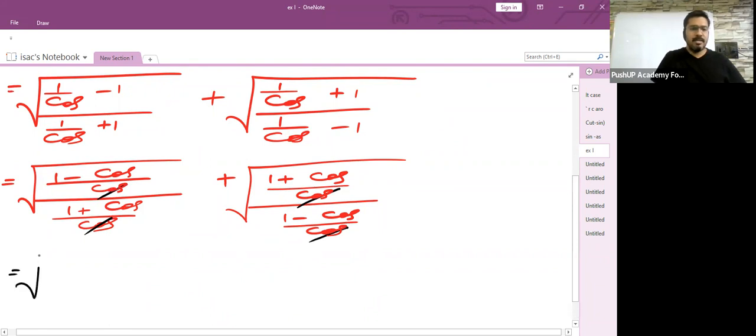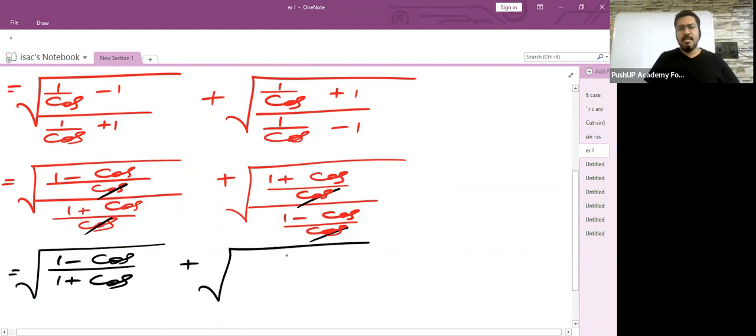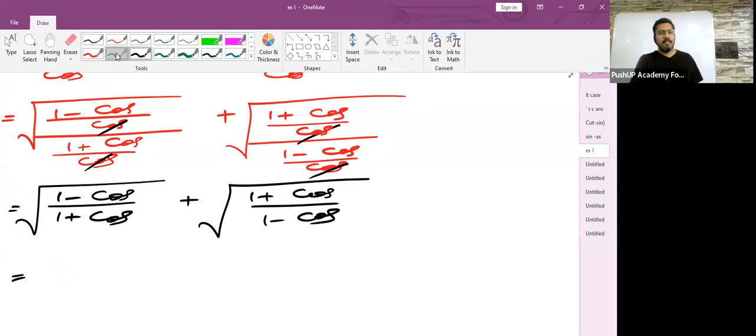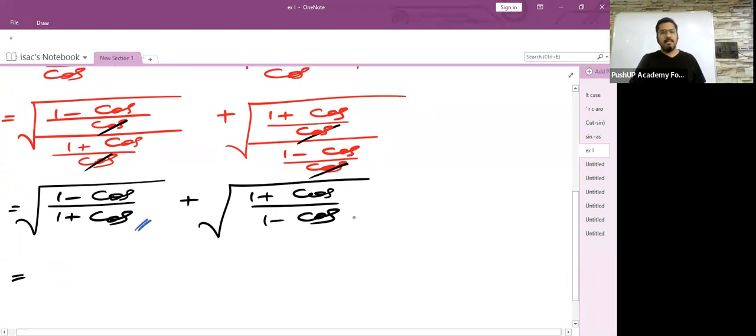So what is left inside the square root sign? It is 1 minus cos divided by 1 plus cos. Put the plus sign in the middle. 1 plus cos divided by 1 minus cos. Now you know very well that this 1 plus cos and this 1 minus cos both should be converted into sine function.